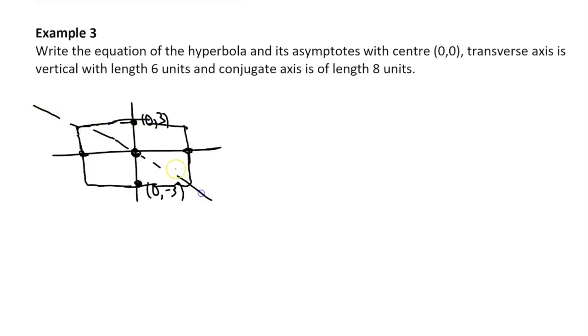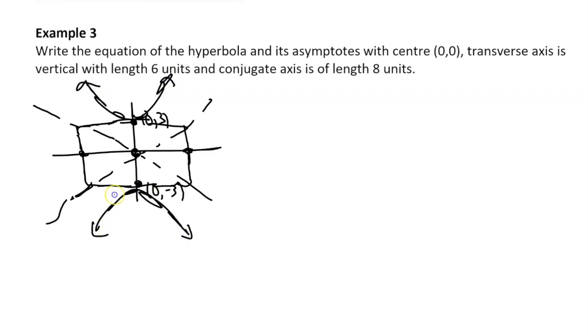So you could draw your box. You have your asymptotes here and here. Our transverse axis means this one opens up and down, because the transverse joins the vertices.